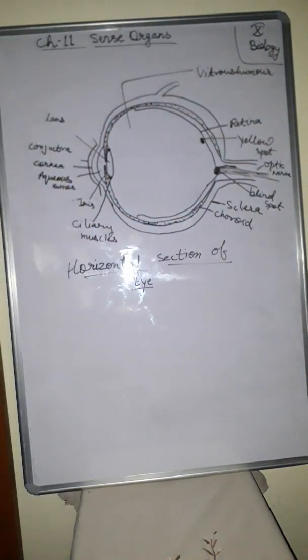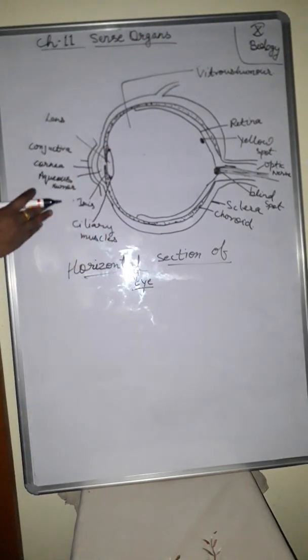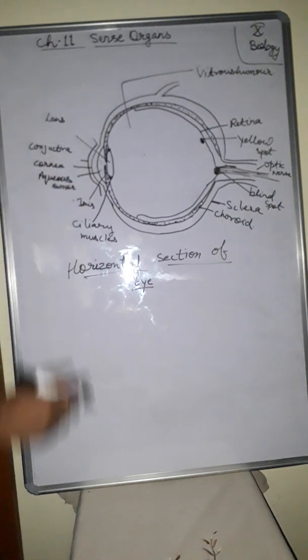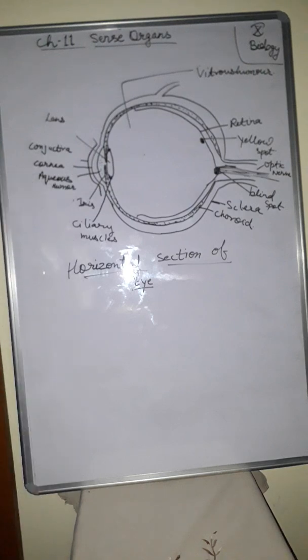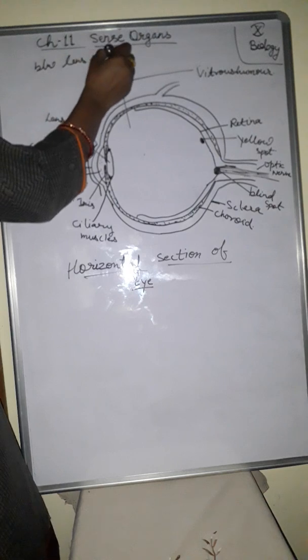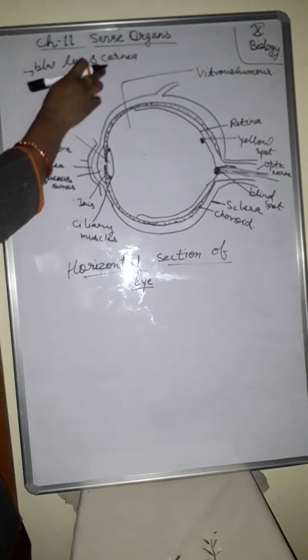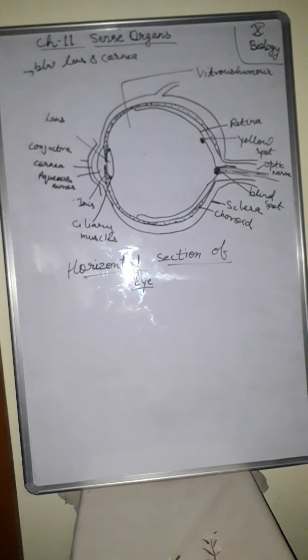Now the eye contains two chambers, you see. The first one is the aqueous chamber, and this one is the vitreous chamber. The aqueous chamber is the front chamber, located between the lens and the cornea, and it is filled with a clear watery liquid called the aqueous humor.